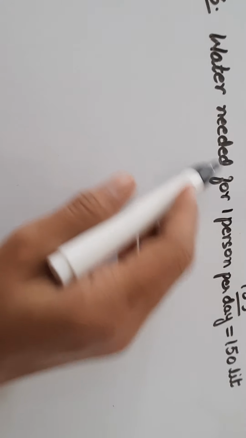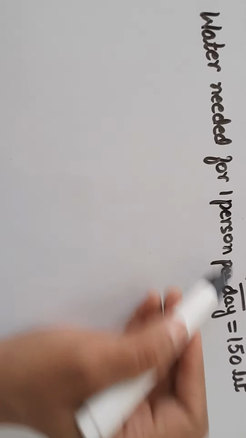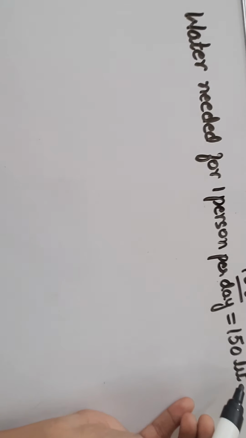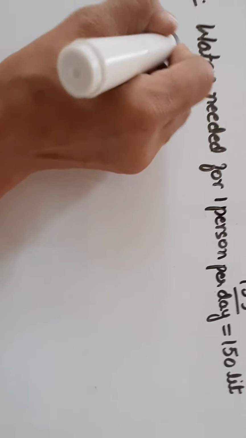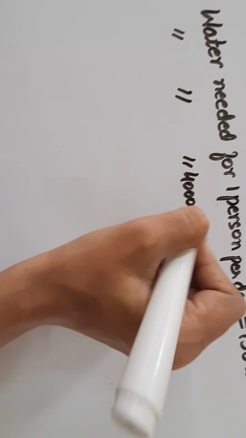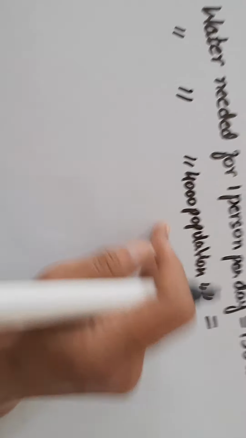So we will first calculate how much water is needed for the whole population. So dear students, what do we write? Water needed for one person per day. एक दिन में एक इंसान को कितना पानी चाहिए? 150. Therefore water needed for 4,000 population per day will be, how do you get?